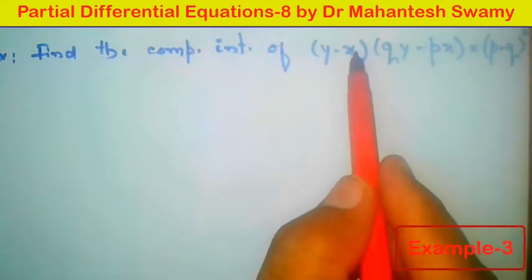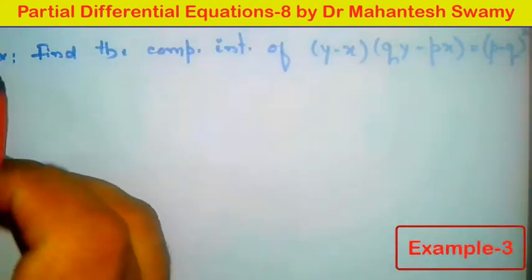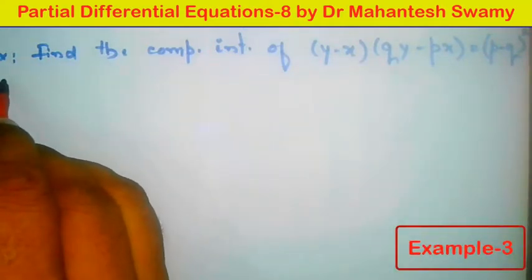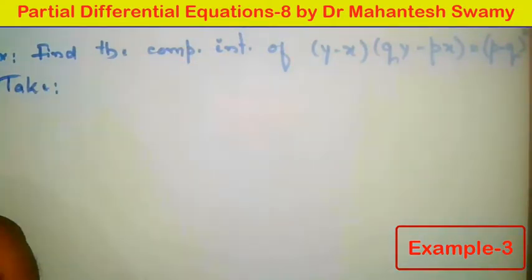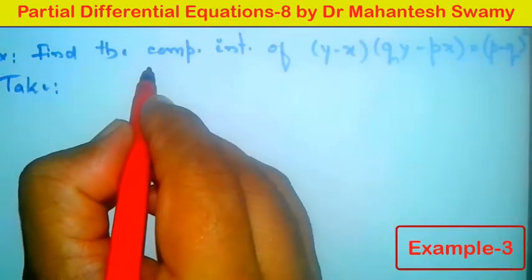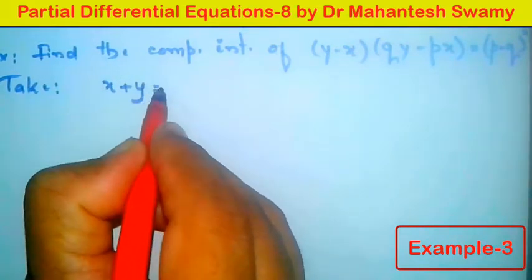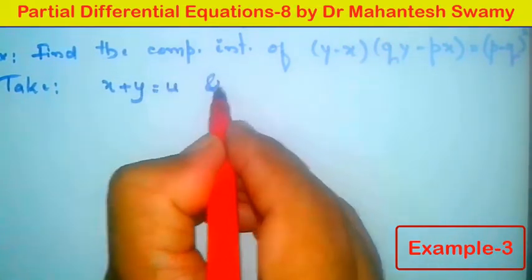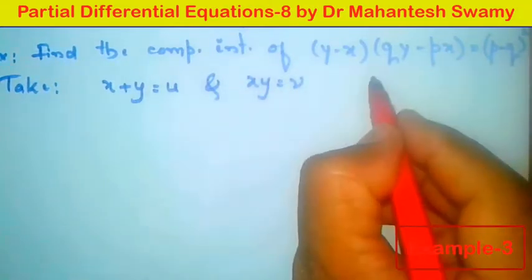Therefore we have to first reduce it to the form of type number 1, and in order to do that we have to take the substitution. So what is the substitution? We have to take x plus y equal to u and x into y equal to v. So this is an important step.